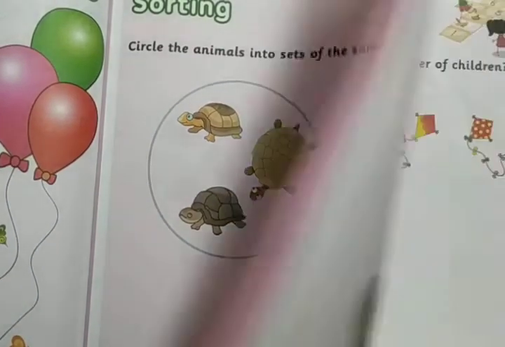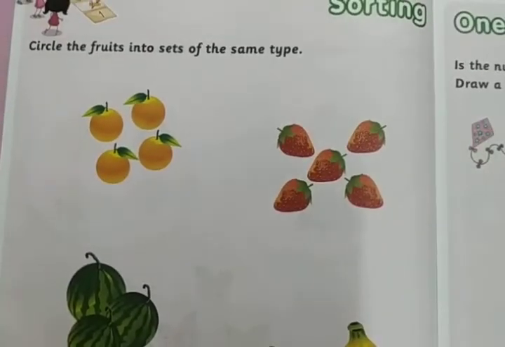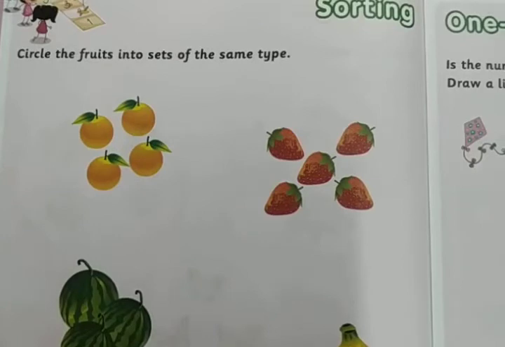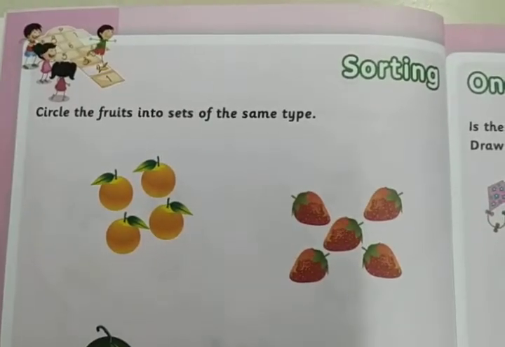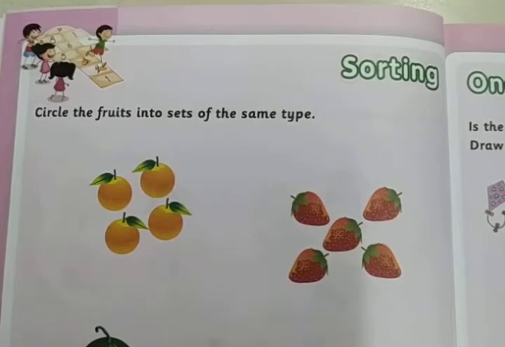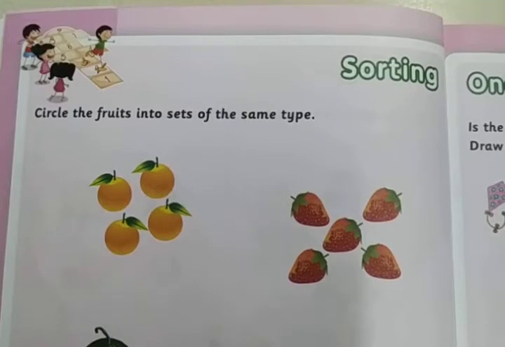Next we have some fruits. We have sorting of some fruits. Circle the fruits into sets of the same type.